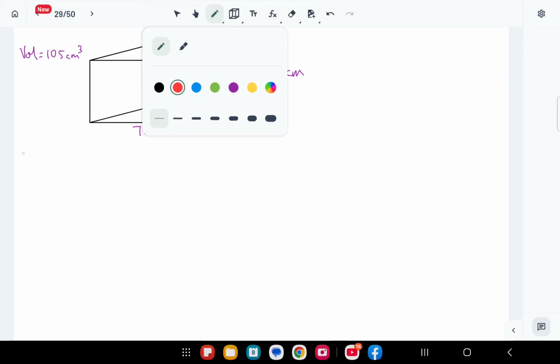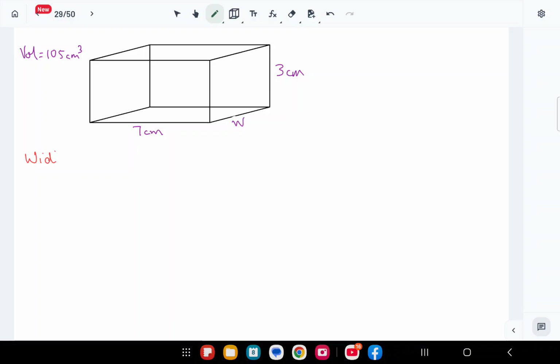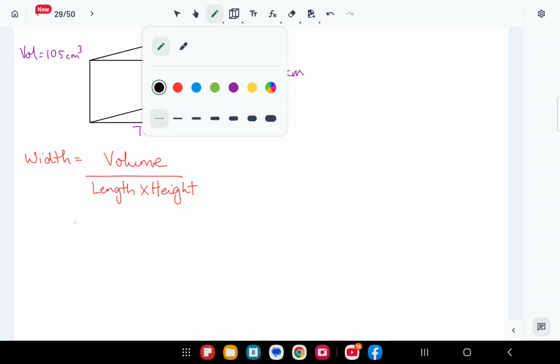To solve for the width, that is equal to the volume divided by the length multiplied by the height. So let's substitute the values now into the formula.